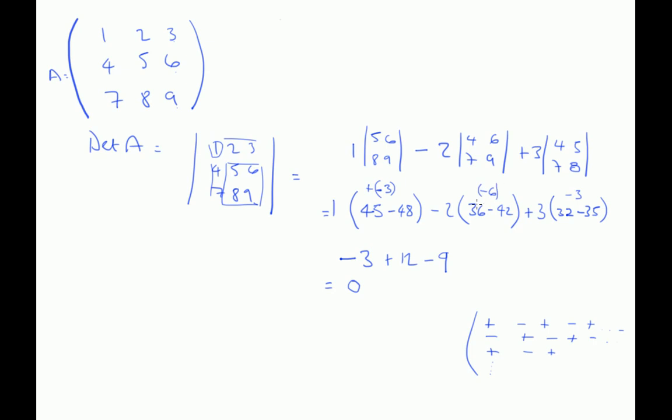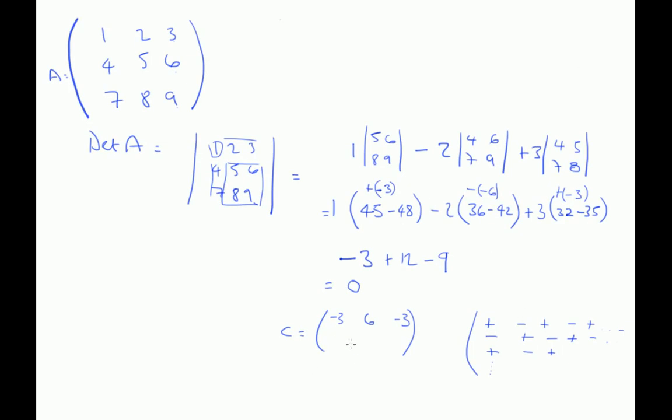The cofactor of this is minus 6. The cofactor of this is plus minus 3. So these are the cofactors of that top line, which are minus 3, plus 6, and then minus 3. And we build up this matrix, which we call the matrix of cofactors.